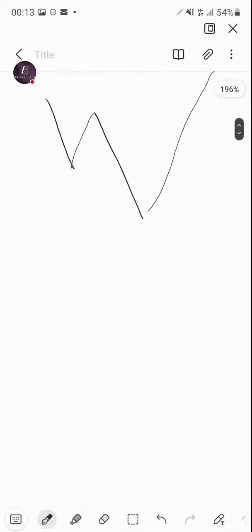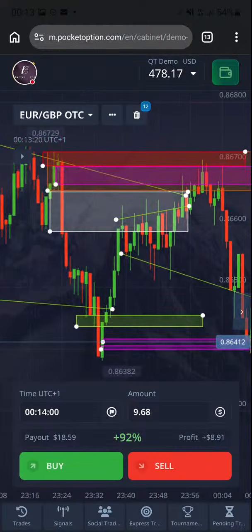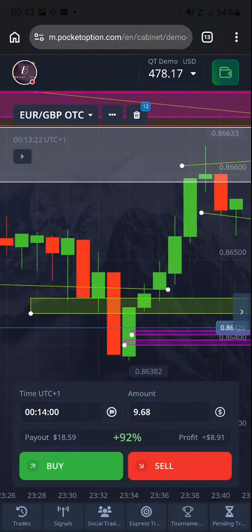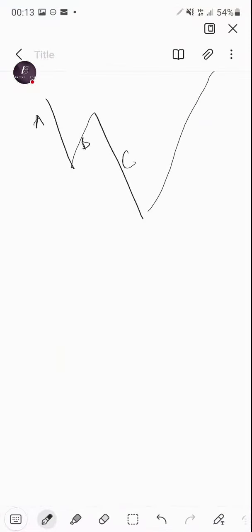This movement is A, B, C. It's down, up, down. Let me show you over here so that you can see it. You see this pattern, this red, green, red, this down, up, down. That's the ABC pattern. Then this push to the upside now is this other one.